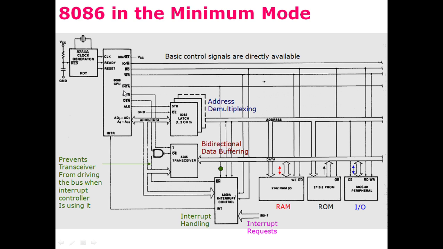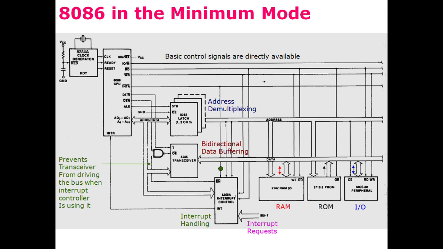Just like the figures we have discussed before, the microprocessor data bus and address bus, which are multiplexed, are demultiplexed using buffers here. These buffers are used to demultiplex the address and data bus of the microprocessor, because the address and data pins of the microprocessor are multiplexed.